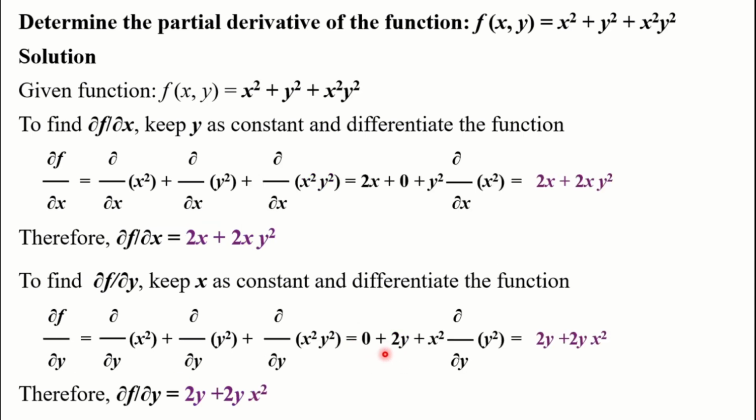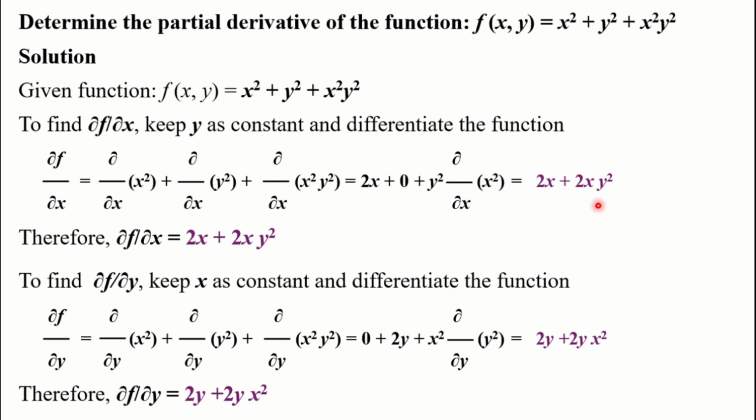Next problem. Determine the partial derivative of the function f of x, y is equal to x square plus y square plus x square y square. First, we need to find the partial derivative with respect to x. We keep y as a constant. The partial derivative of x square with respect to x plus the partial derivative of y square with respect to x plus the partial derivative of x square y square with respect to x is 2x plus 0 plus y square times 2x.